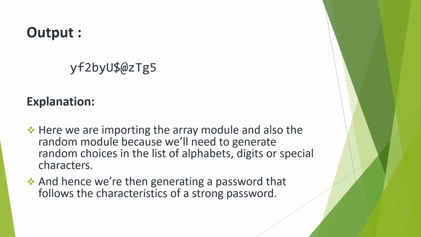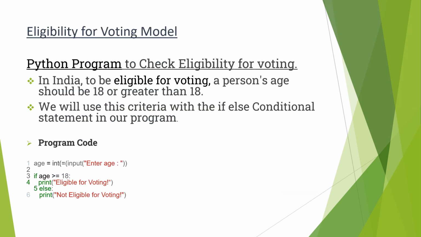Random means people don't know. With digits and special characters, we are generating a password that follows the characteristics of a strong password, and it will provide a strong password. It's a good password to save our data. So this Python is very helpful in this form.